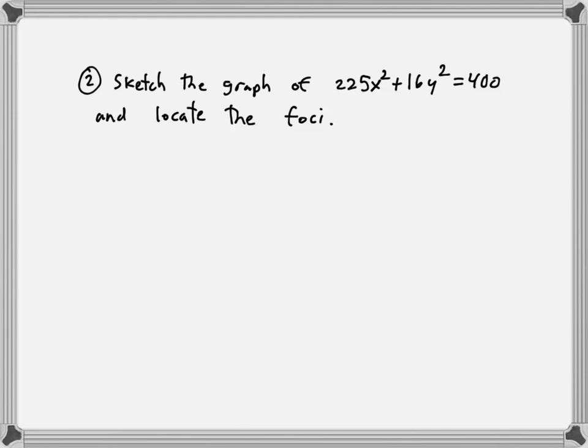The key to doing any example, I think, with conic sections is to try to put it into the standard form. In this case, we're going to aim for getting a 1 on the right side. This is always the key for ellipses, okay? We're going to divide everything by 400.